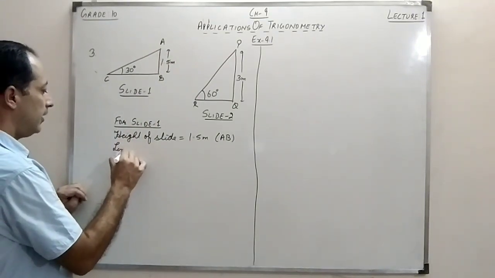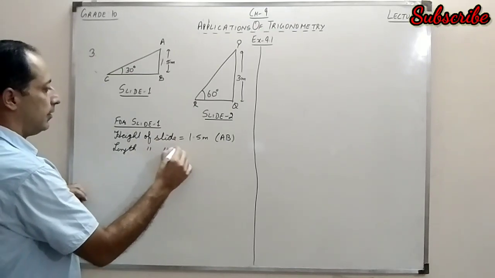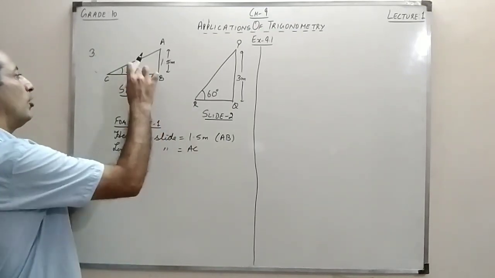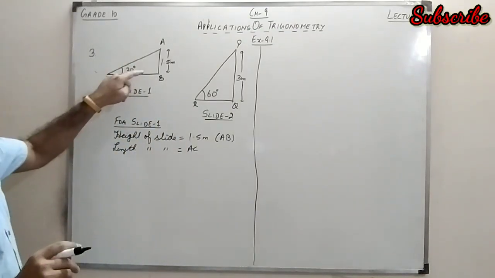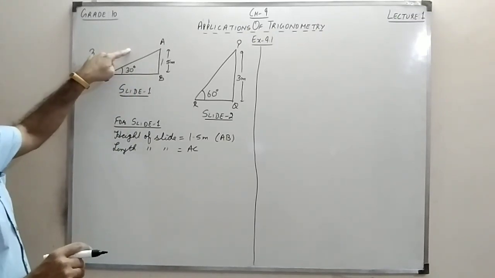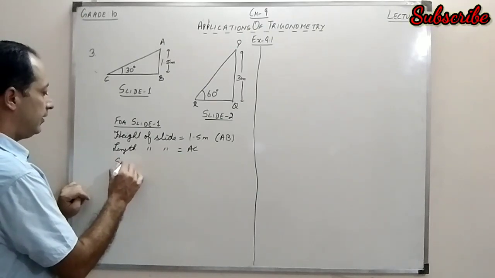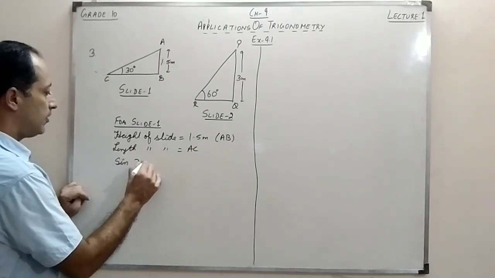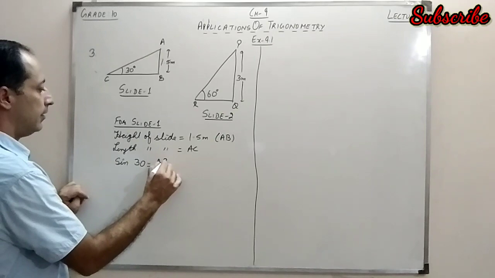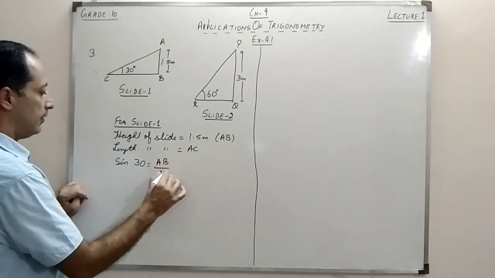So length of slide is AC. According to this angle, this is the opposite and this is the hypotenuse. So what we apply? Sine. So this is sine 30 is equal to AB upon AC.